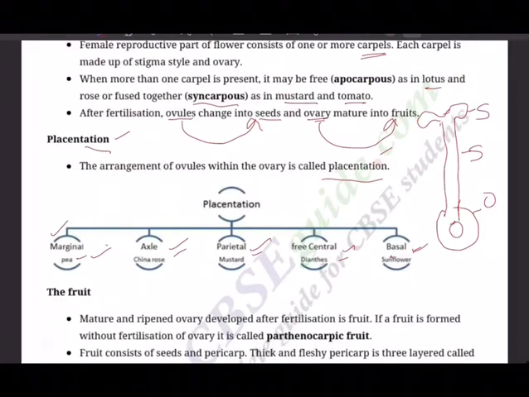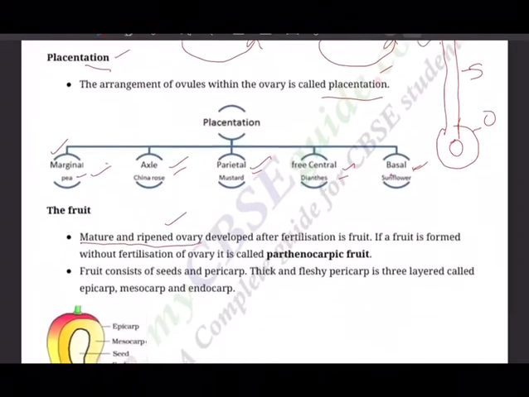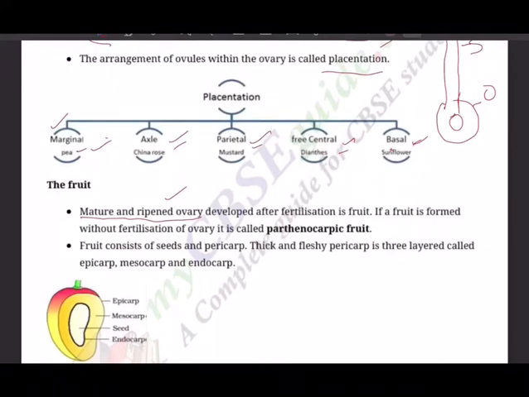So basically, what is biologically a fruit? Mature ripened ovary is a fruit, and as all of us know, it develops after fertilization. And if the fruit is formed without fertilization of the ovary, it is called parthenocarpic fruit.